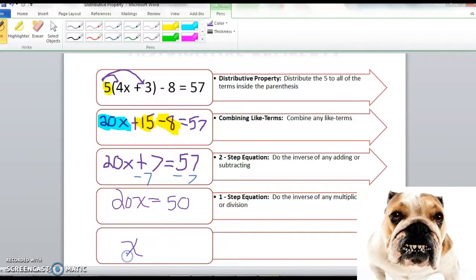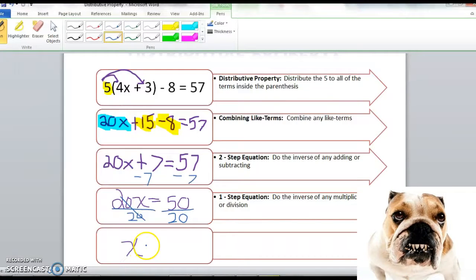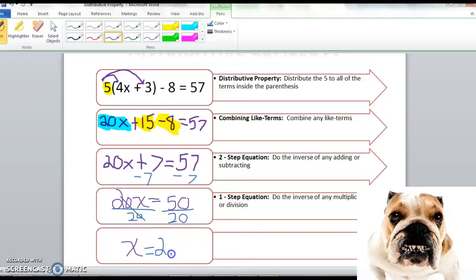by itself. So I'm going to divide by 20 to cancel out 20 on this side. And I'm going to divide by 20 on this side. You can use your calculator. 50 divided by 20 is 2.5.